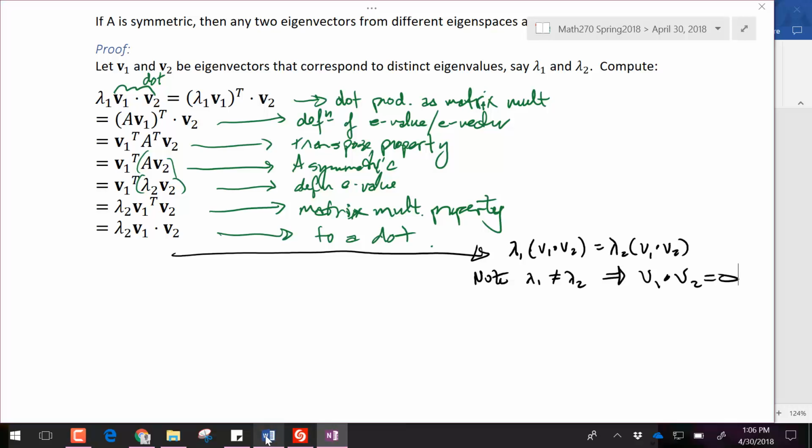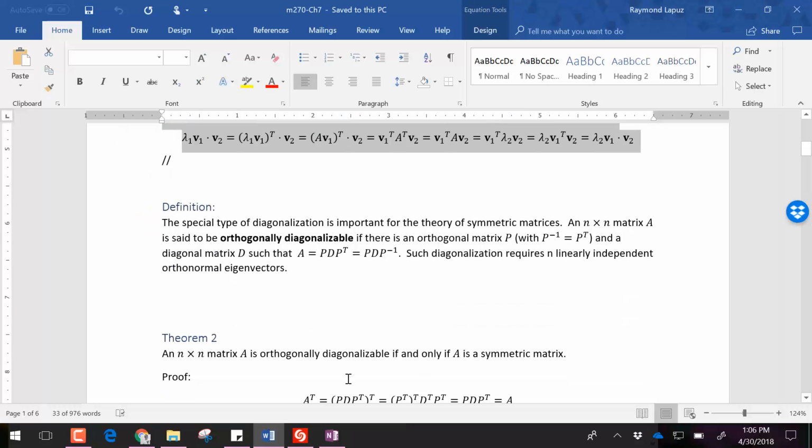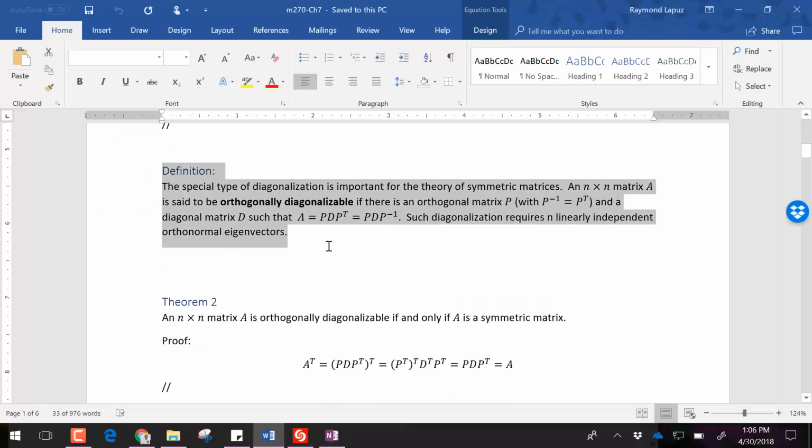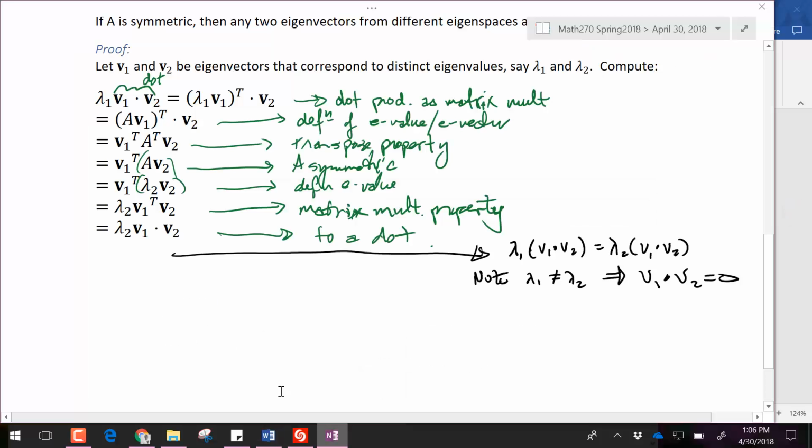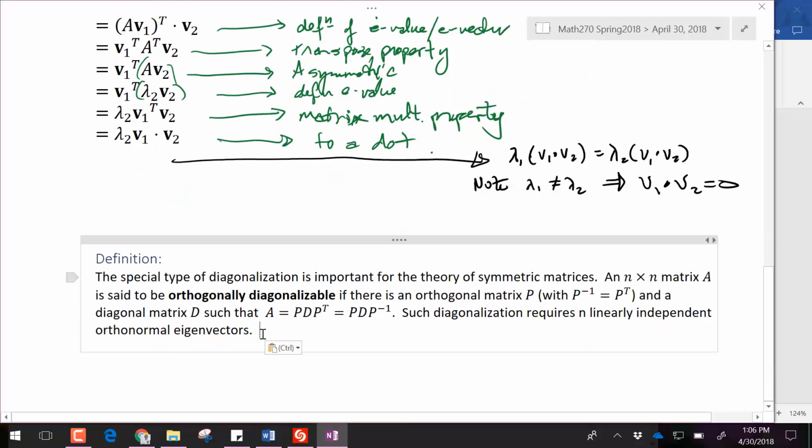All right, let's see. So there's another definition, basically what we kind of did. The diagonalization that we did was getting that diagonal and then having the PDP inverse.